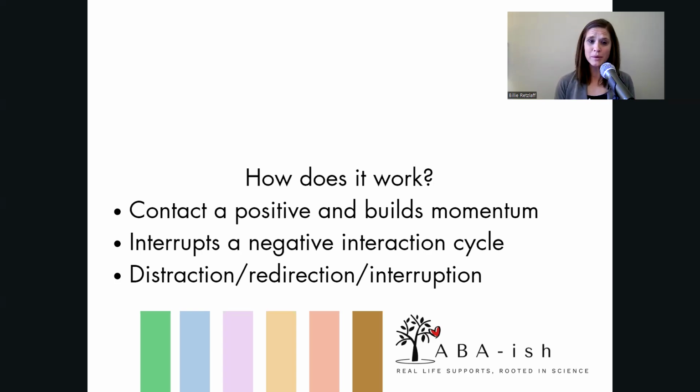Using a high probability request also can help interrupt a really negative interaction cycle. So, if you've asked your child to do something and they've said no, and then you've asked again and they said no, and you get into this really negative cycle where, as the caregiver, all you're seeing and experiencing is negativity from your child. But then, as the child, it's the same for them. They're only seeing and experiencing negativity from us. This is a really great way to interrupt that cycle.